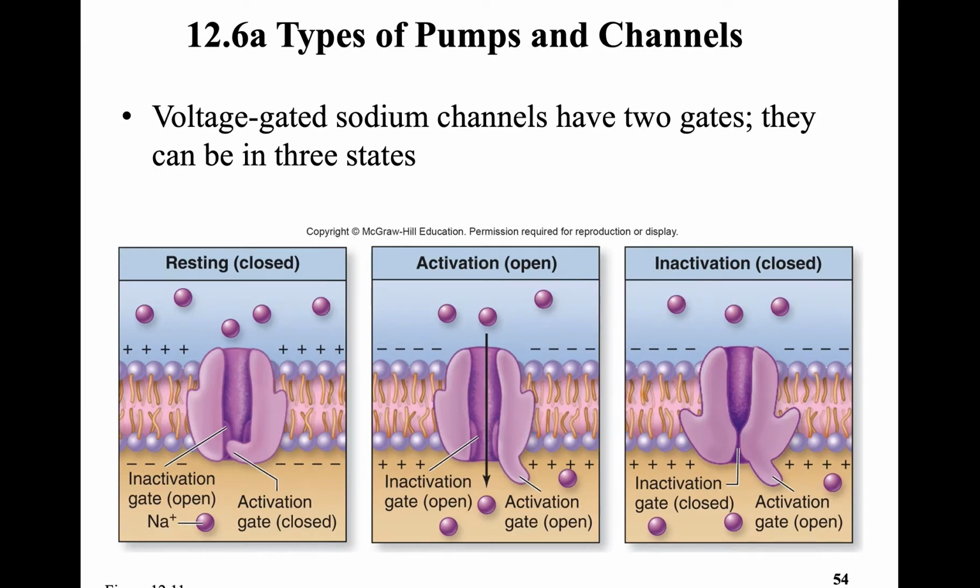This is a picture on page 452. This picture shows the different stages for the gates. These channels can be sodium channels, typically, or potassium channels, which we'll see also.